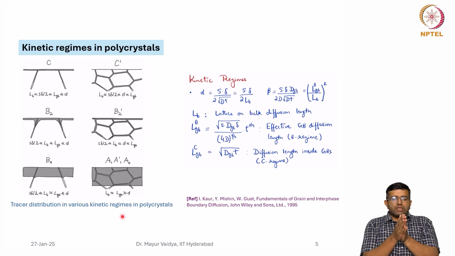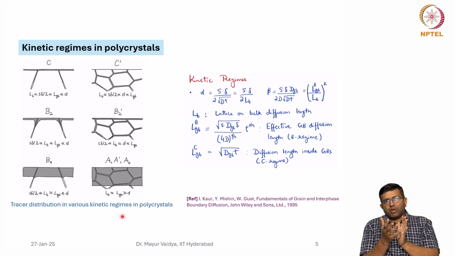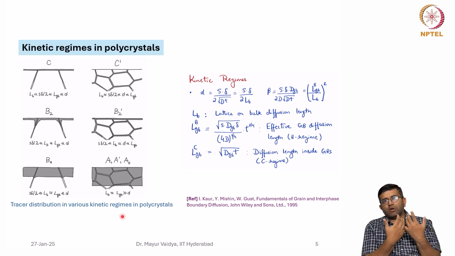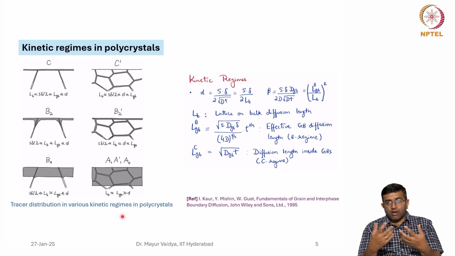Now, we talked about the kinetic regimes of diffusion when we were discussing grain boundary diffusion. Although we understood that the grain boundary sizes can change as a function of time, so there is a certain time dependence involved, that is even more prominent when you talk about fine structures, ultra fine structures or nanostructures, because they have a higher propensity for the microstructure to evolve.